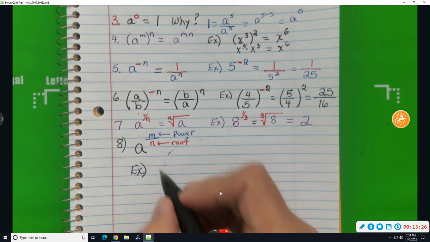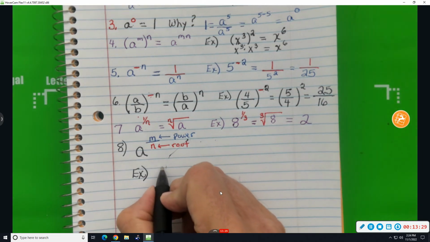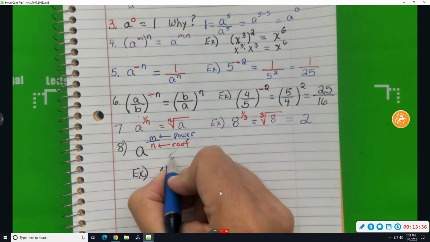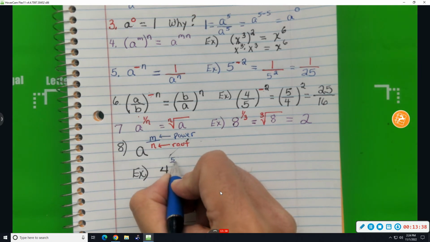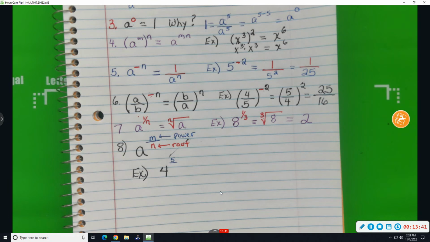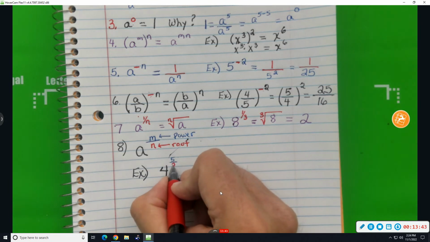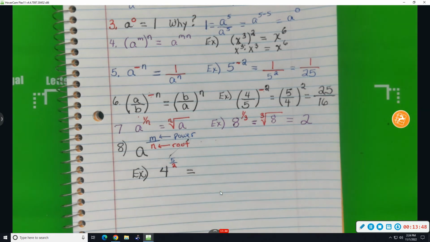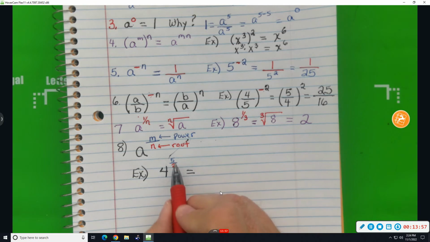Suppose we wanted to figure out 4 to the 5/2 power. How would we simplify that? Exactly. Did y'all hear that? The top number's the power, the bottom number's the root.